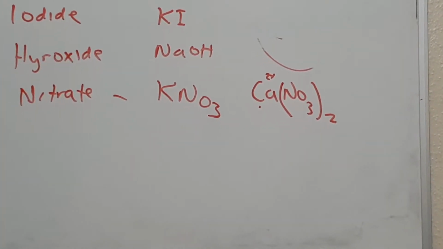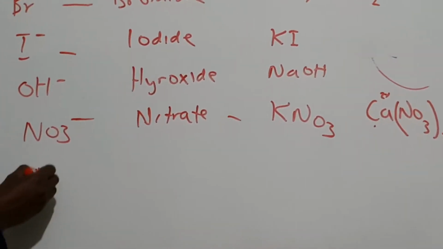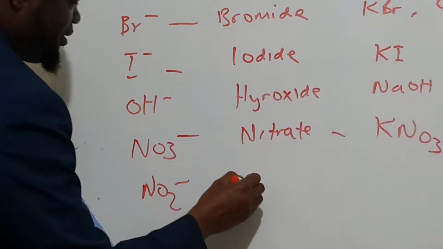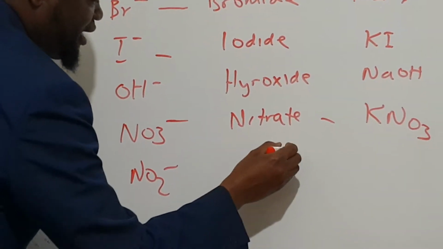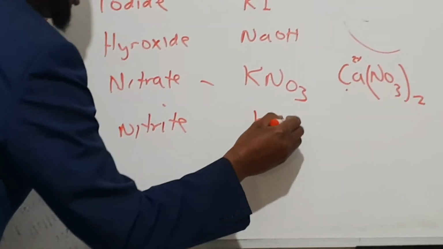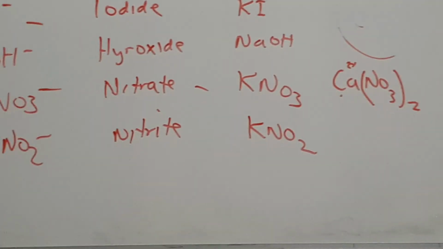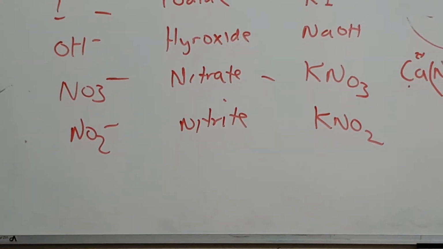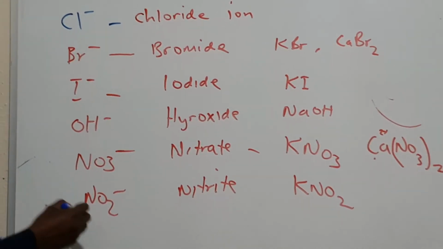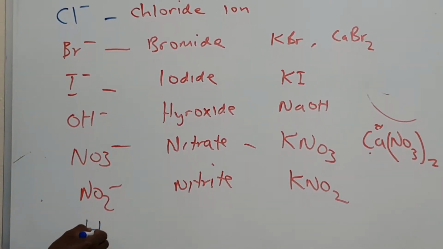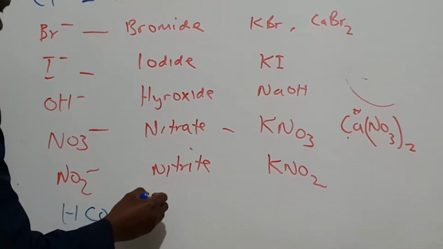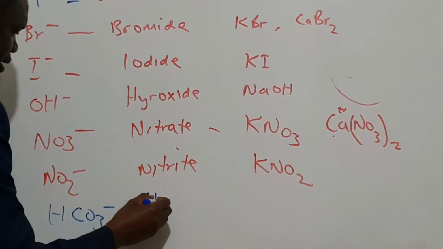The next one is nitrite. Be careful. I'll explain to you later. It's called nitrite. You can have potassium nitrite. Now, there's something called hydrogen carbonate, HCO3 minus.